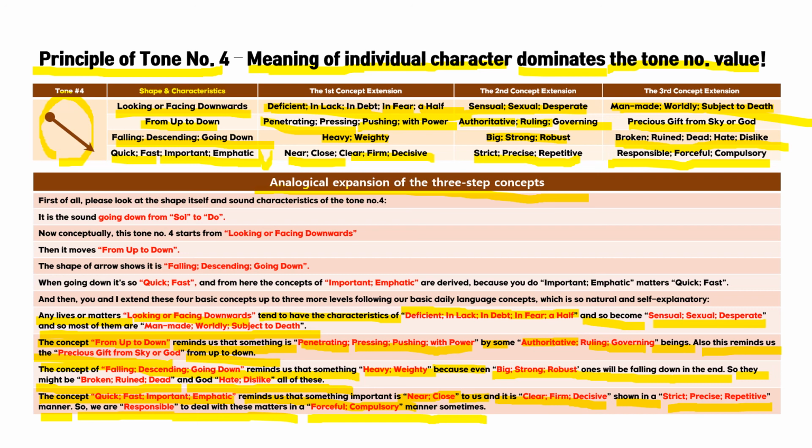I will explain this table for each character when it comes up, so never mind at this moment. You just need to know how these concepts for each tone number for Chinese characters have been derived. It is the shape.